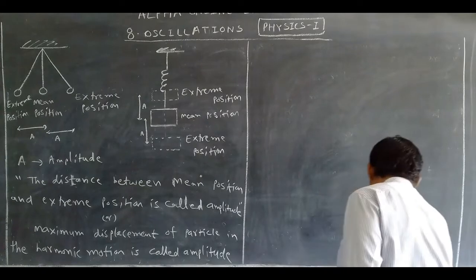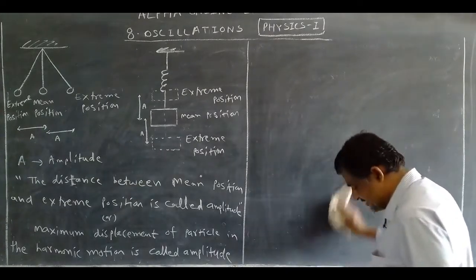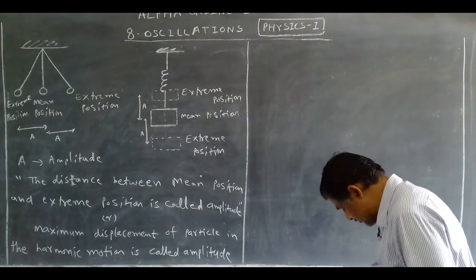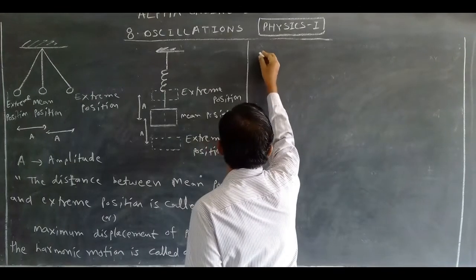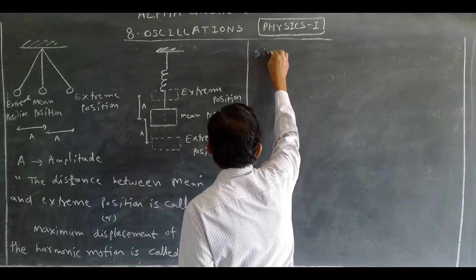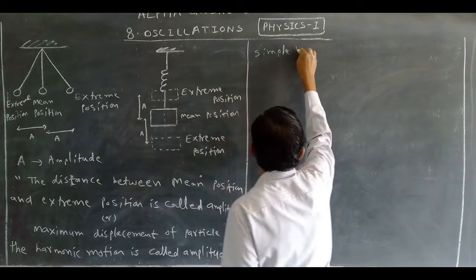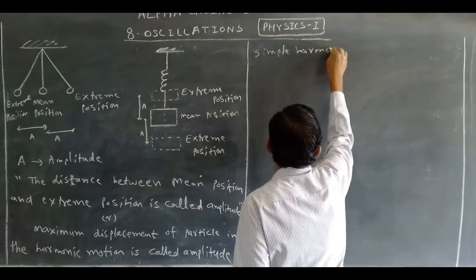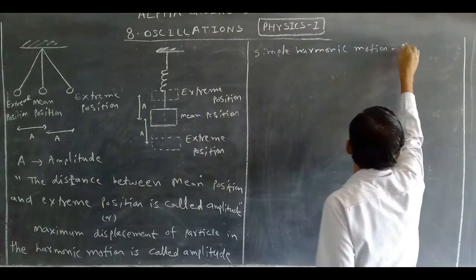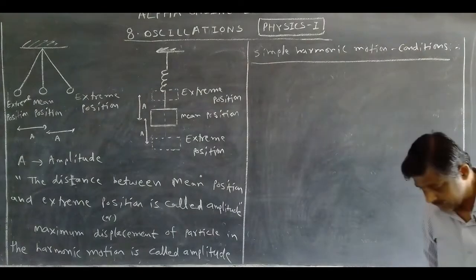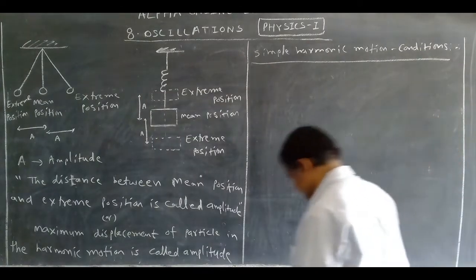Now, what is called simple harmonic motion? When an object lies in simple harmonic motion, it must have certain conditions. Simple harmonic motion conditions. What are the conditions?